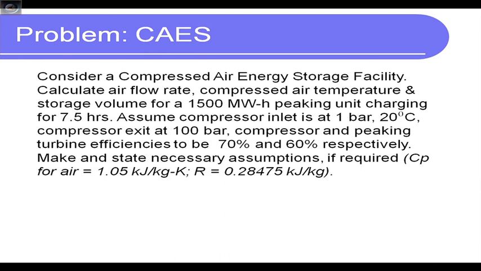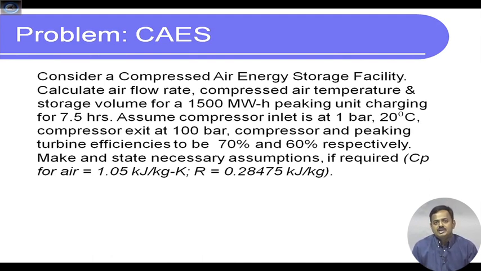For example, the peaking unit is 1500 megawatt hour and it is charging for 7.5 hours. The compressor inlet conditions are given, pressure and temperature, and the compressor exit pressure is also given. The peaking turbine efficiency and the compressor efficiency are both given, and they are not very high as we can see. A few properties are given.